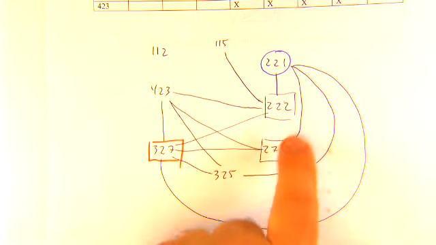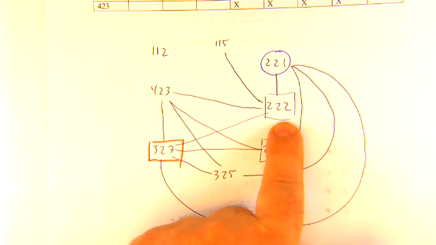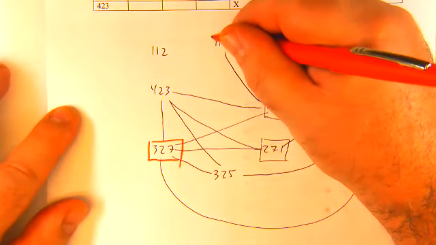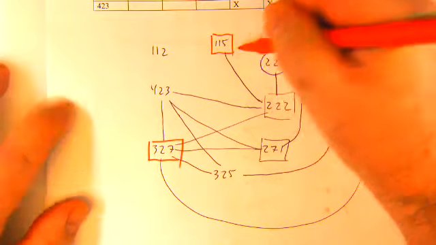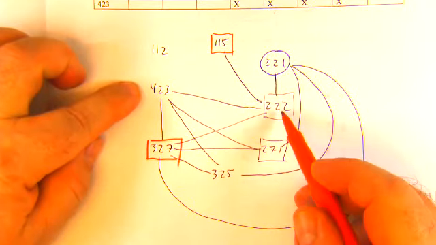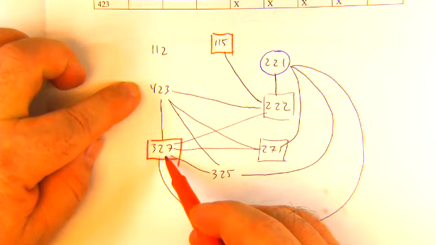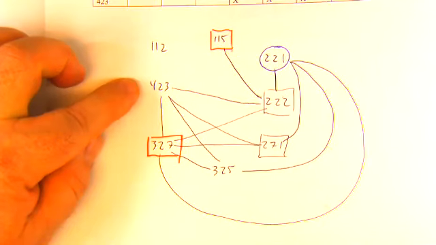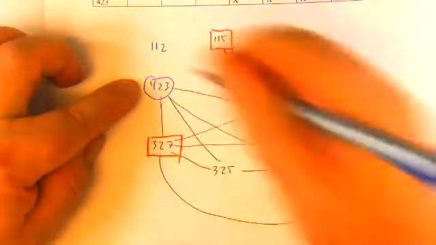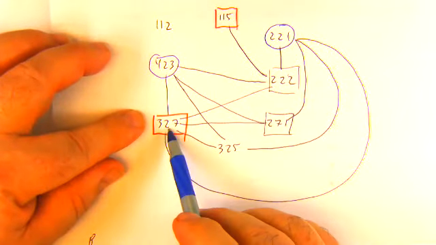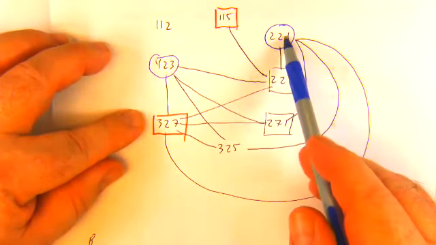What about stuff connected to 222? Anything connected to 222 can't be black, but it could be either blue or red. For 115, it doesn't really matter whether it's blue or red. We'll just make it red. 423, though, is connected to 222 and connected to 327, but it's not connected to 221. So I can make 423 blue. 325 is connected to 327, to 423, and to 221.